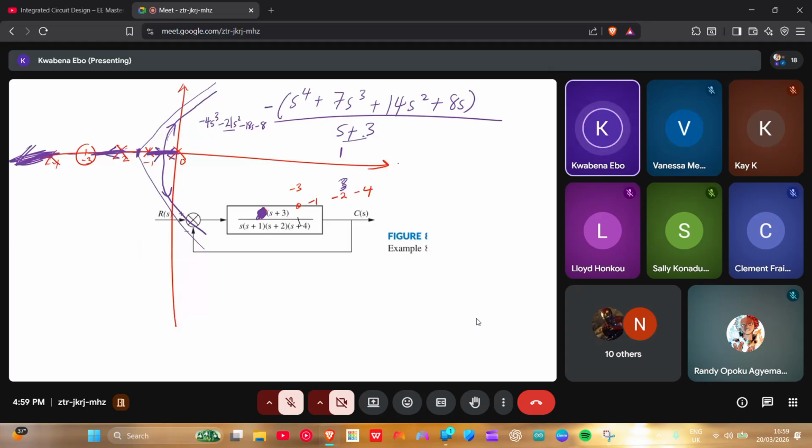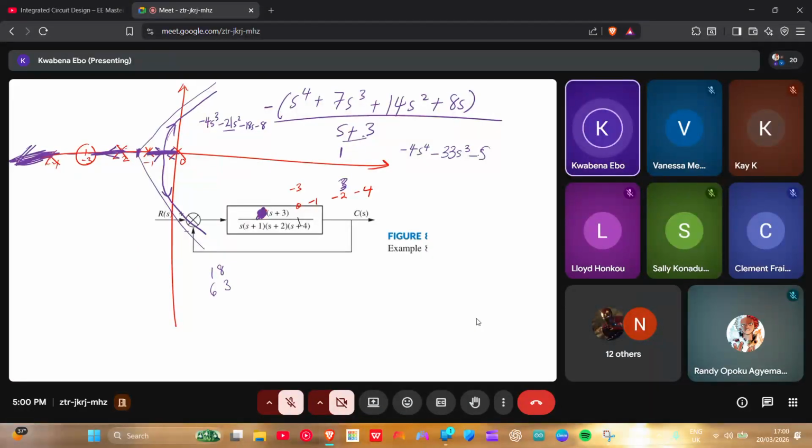So then we'll have negative 4s to the power 4 minus 12 plus 21 is 33s cubed minus 18 and 63, wow, 81.